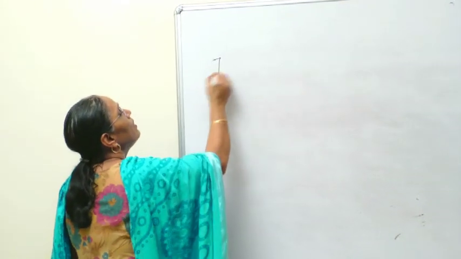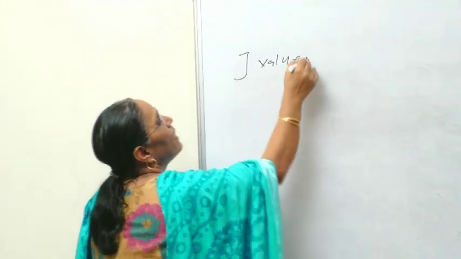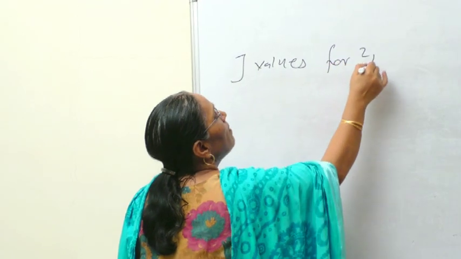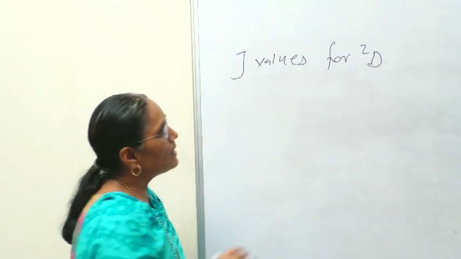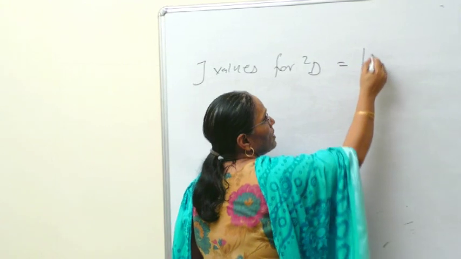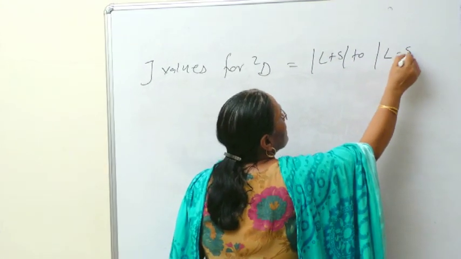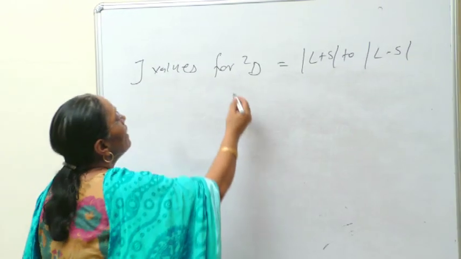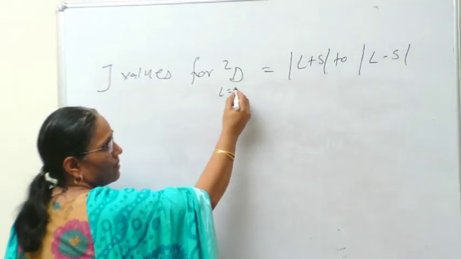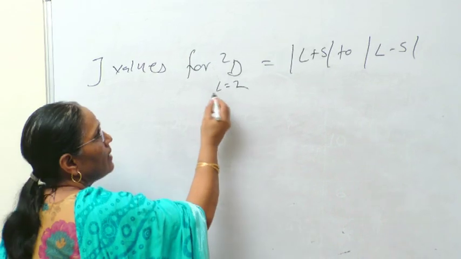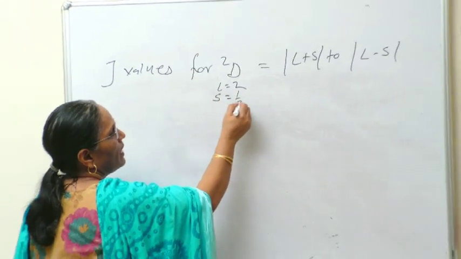So the J values, first for the doublet D term, are obtained by using the equation L plus S to L minus S. For D, L is equal to 2 and S is equal to 1/2.